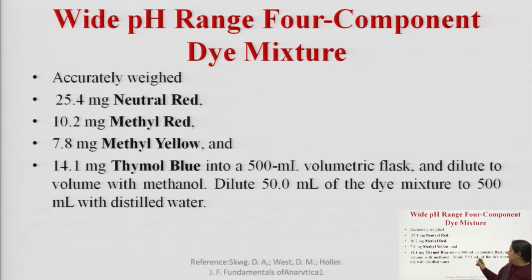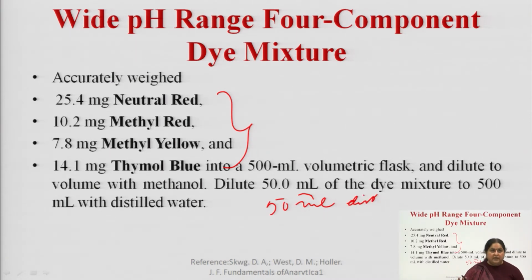We use these 4 dyes in a mixture in a 500 ml volumetric flask with methanol, which is then diluted to 50 ml with distilled water. So, this is the composition of the 4 component wide range dye.